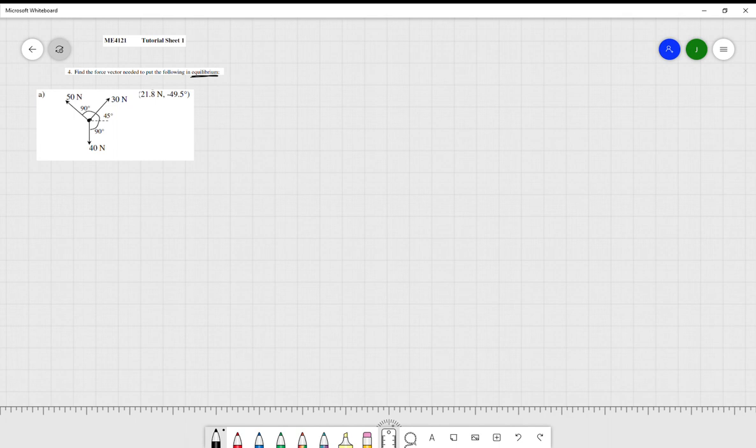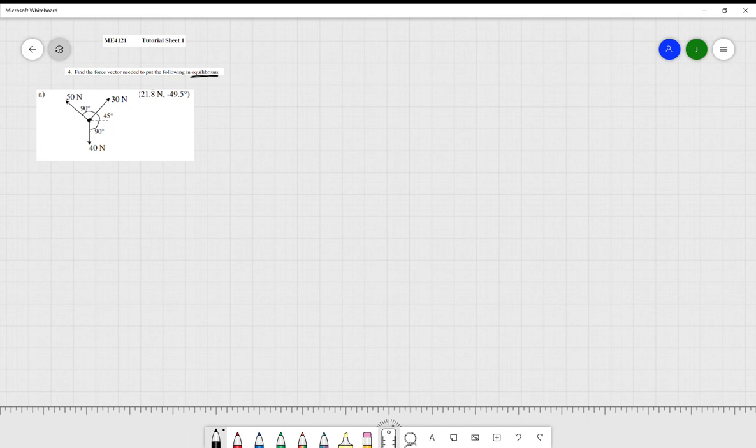So that means that a fourth vector needs to be applied, but the question is where and how much. To do that, you need to find out what the resultant is of all these three forces. And once you find that, you want to put an equal but opposite force vector, which will then mean that this series of force vectors on this ball will become balanced, so it won't move.